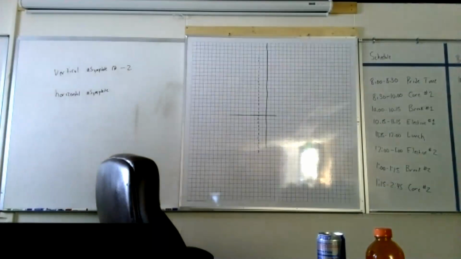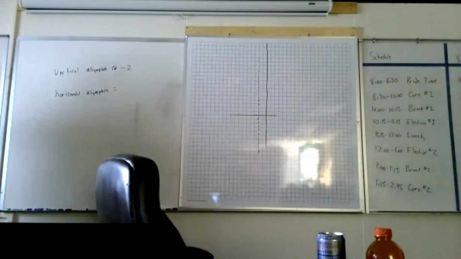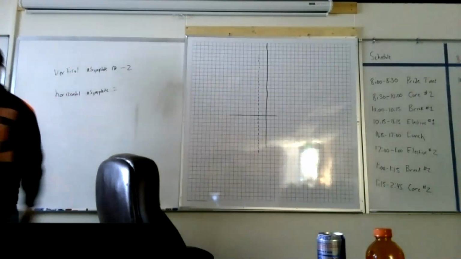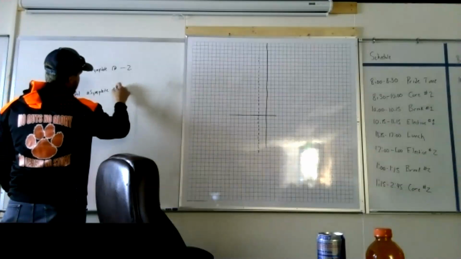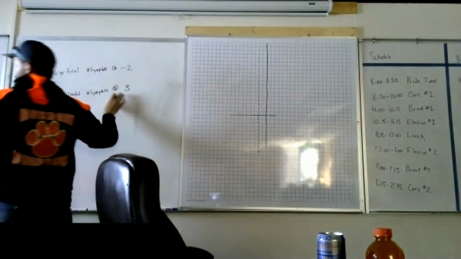If they're equal, then we should have a horizontal asymptote at the numerator's coefficient divided by the denominator's coefficient. So that would be at 3. Here's where it causes you an issue.